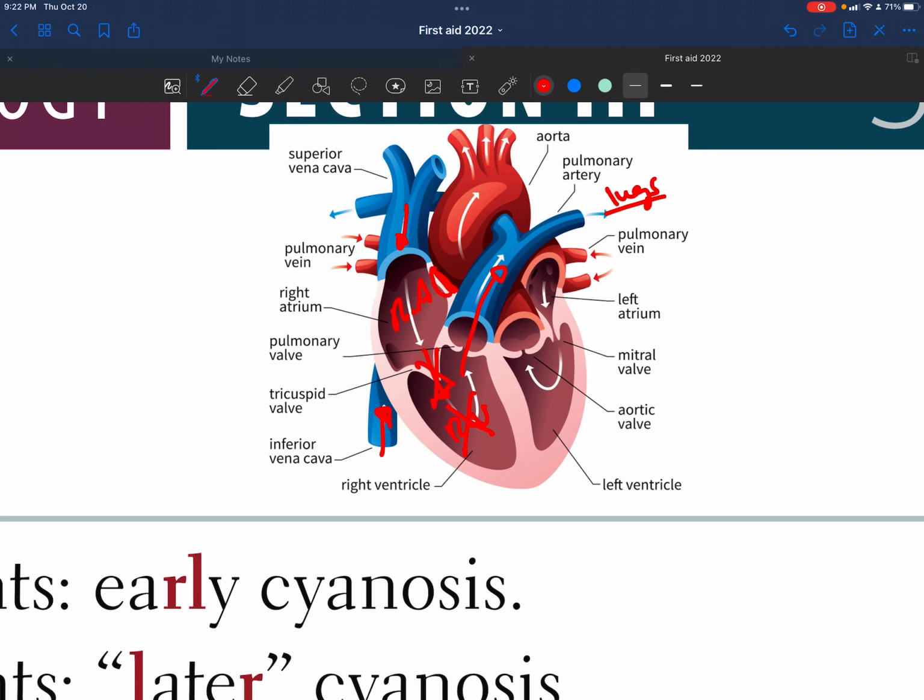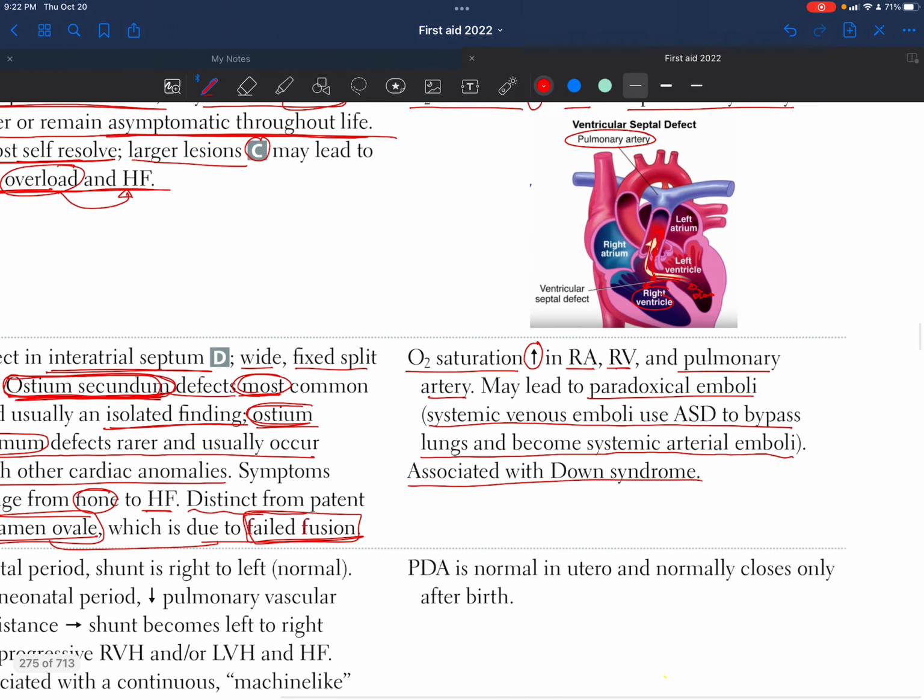It will not go there because there is already an opening over here, so it goes immediately into the left atrium. It's not showing in this image, it's just below these arteries. So from the left atrium it would go into the left ventricle, and then the left ventricle would take that small emboli into the aorta, and the aorta would take it to the systemic circulation, and that's how we can have paradoxical emboli.